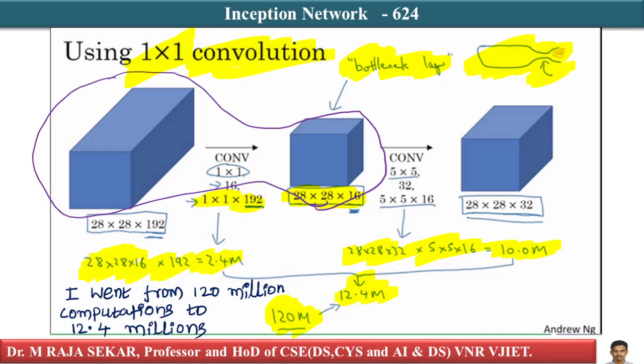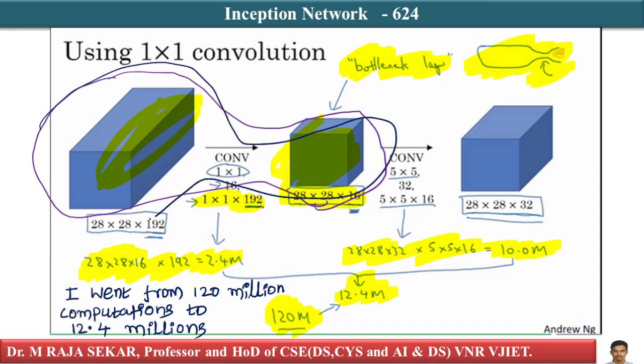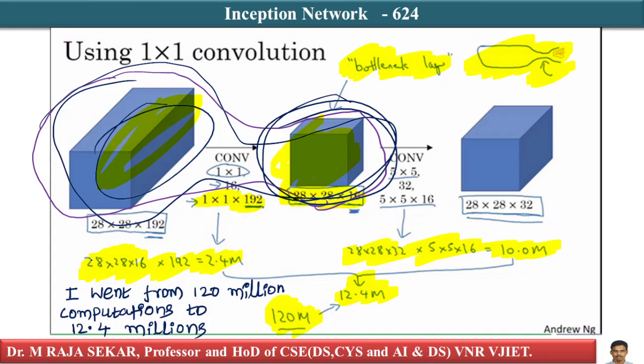This is also called the bottleneck layer, because this is much smaller if you compare to this. This is just like a bottle. This is the smaller one, this is the bigger one. That's why they are drawing it like this. It's something like a bottleneck.